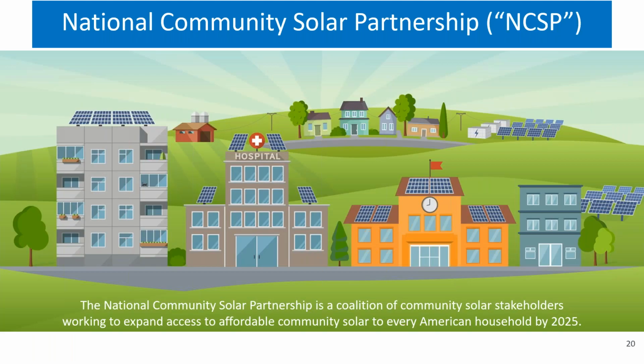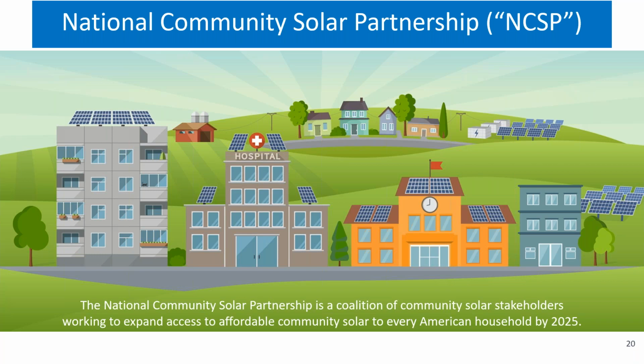And the last thing I wanted to highlight is the National Community Solar Partnership. This is a partnership that was launched by the Department of Energy and that NREL is supporting. It is focused on growing the community solar market across the country. We're trying to expand access to community solar across different geographies, and also expand access to all American households by 2025.